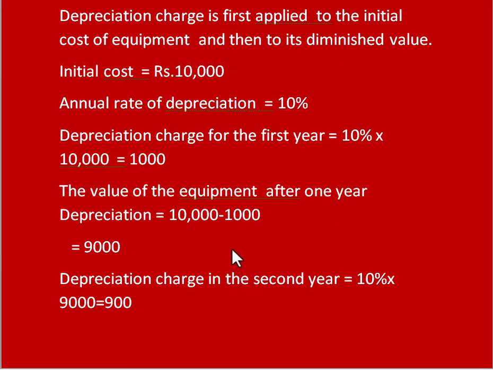Next, the depreciation charge in the second year. So this is the new value of the equipment after 1 year, that is now 9,000 instead of 10,000. Now the depreciation charge should be applied to this amount, that is 10% of 9,000, that is 900.